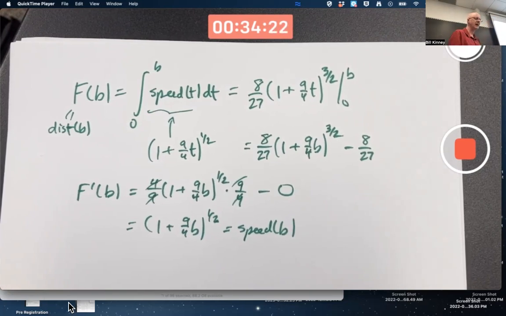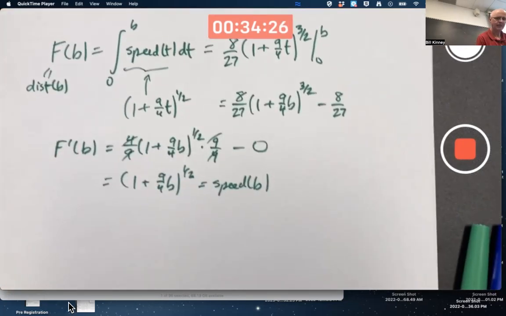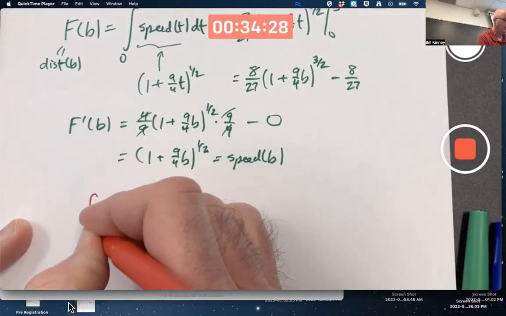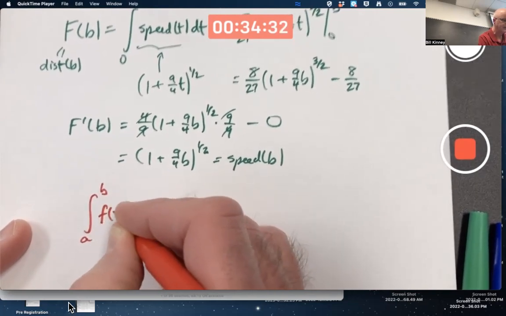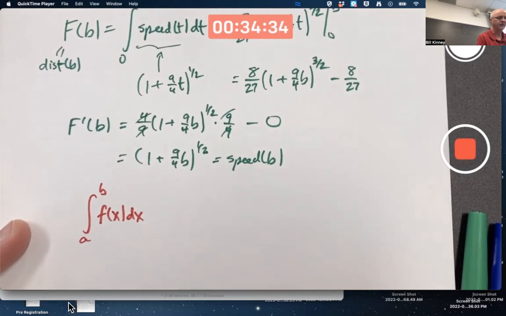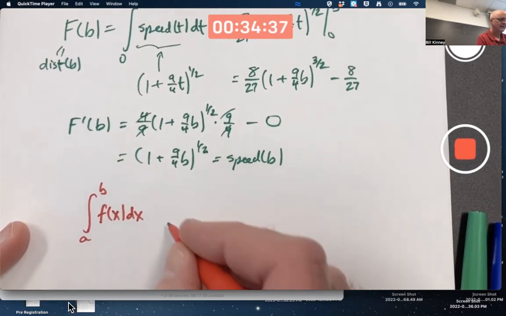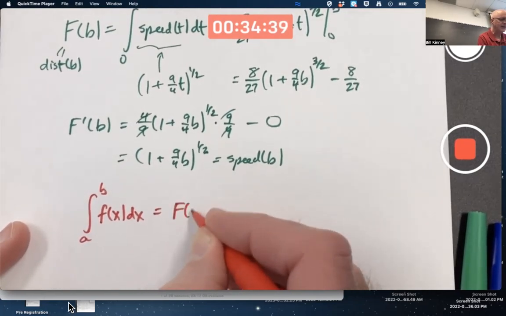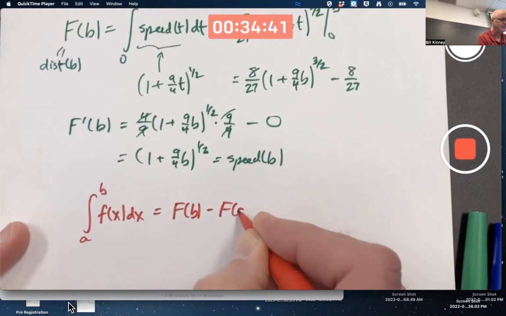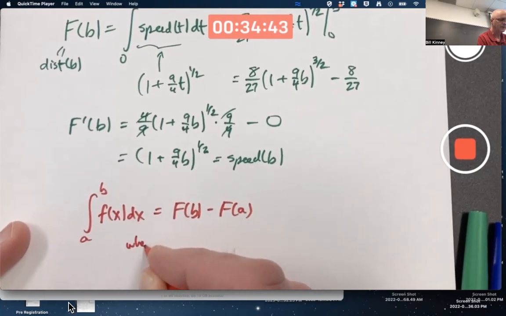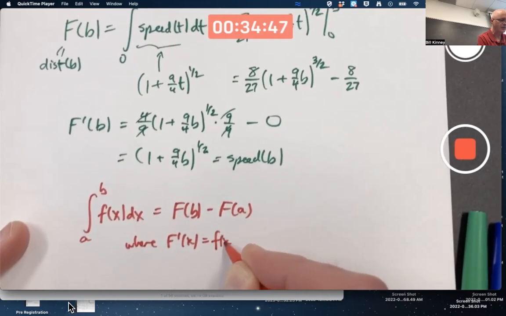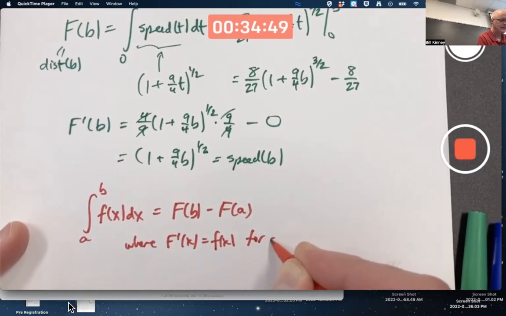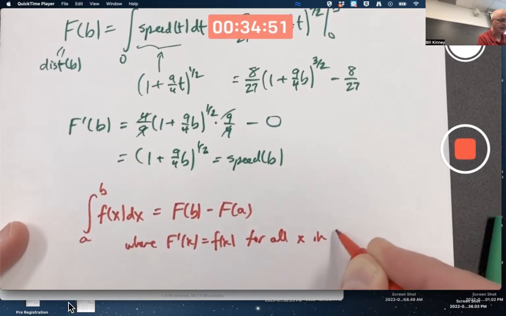But the fundamental theorem of calculus, I've been saying that if you want to integrate, I'll use x now instead of t as my variable. If you want to integrate a function f of x over an interval from a to b, find an antiderivative capital F and do this, where capital F prime of x equals little f of x for all x in the interval from a to b.